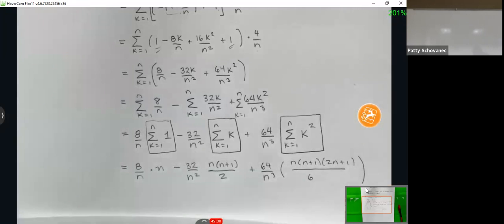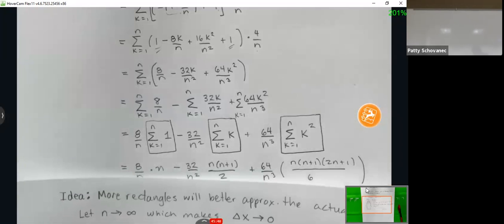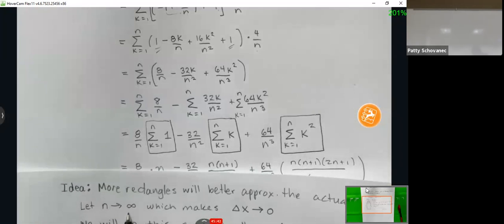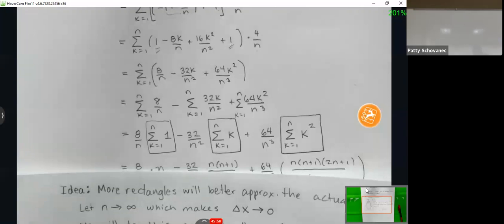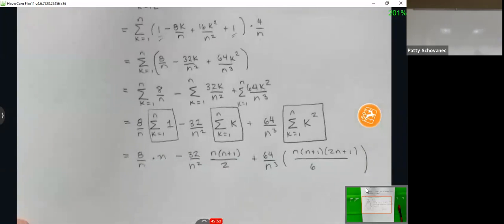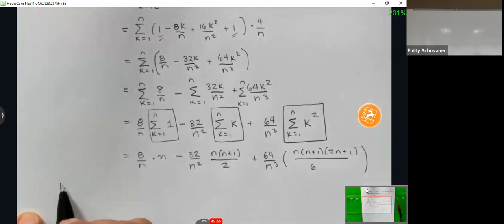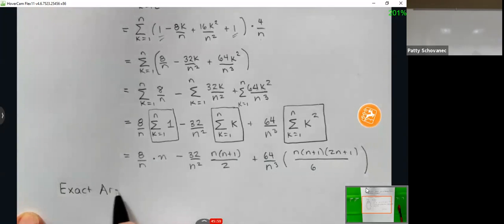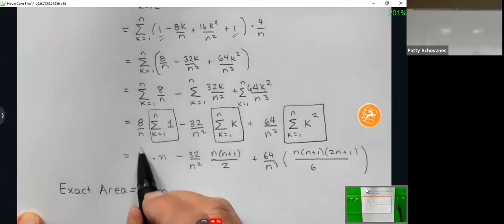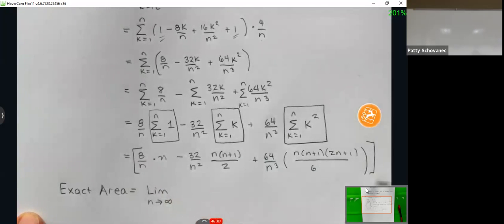And now remember what our goal was. Our goal was to take this expression and let n go to infinity. When we let the number of rectangles become infinitely large, this gives us the exact area. And so our exact area is equal to the limit as n goes to infinity of this expression here.